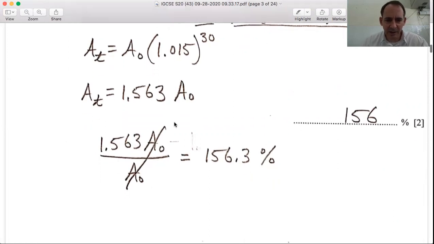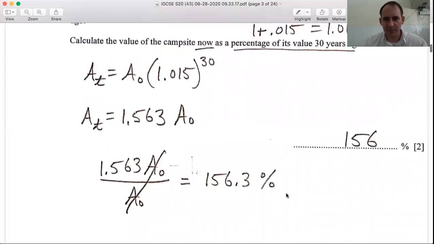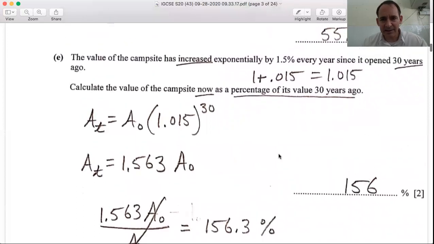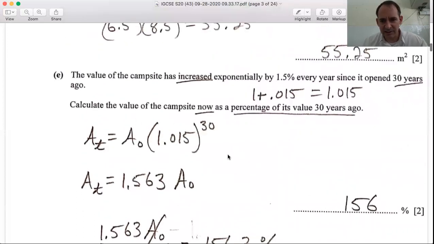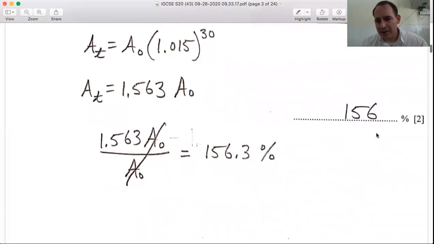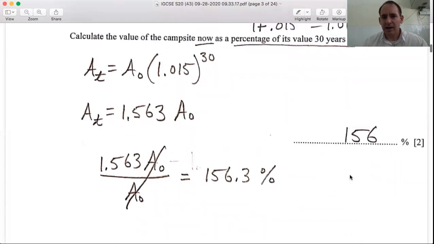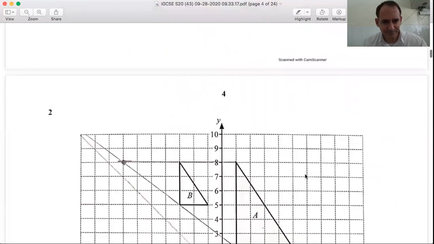So in this case, our original amount cancels out. We're left with 1.563. Move the decimal over twice to change it into a percent. And that is what we have now. It says calculate the value as a percentage of, so it's 156%. That's the three significant figures of the original value that it had 30 years ago.